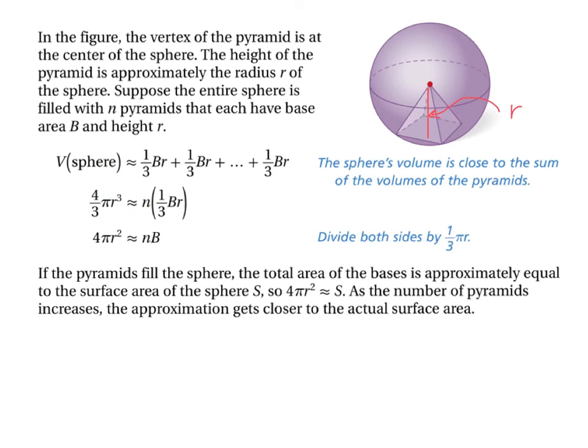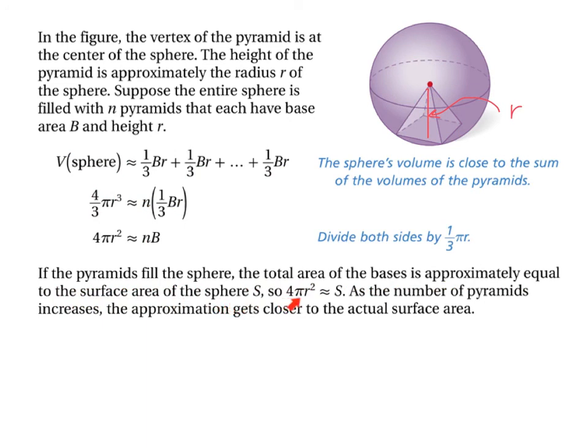So the number of times this occurs times the formula for a pyramid. I multiply both sides by 3, and I get 4 pi r squared, and I divide both sides by pi. E is approximately the number of pyramids times the base area. If the pyramids fill the sphere, the total area of the bases is approximately equal to the surface area of the sphere.